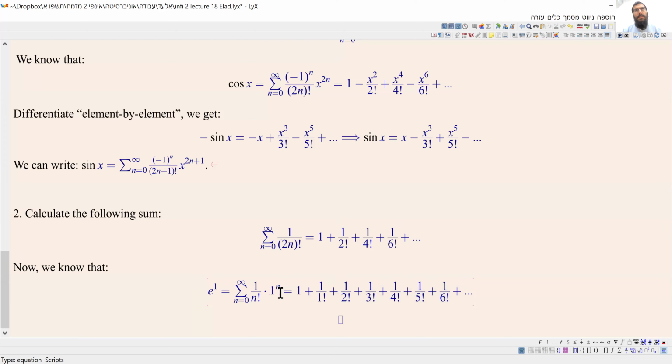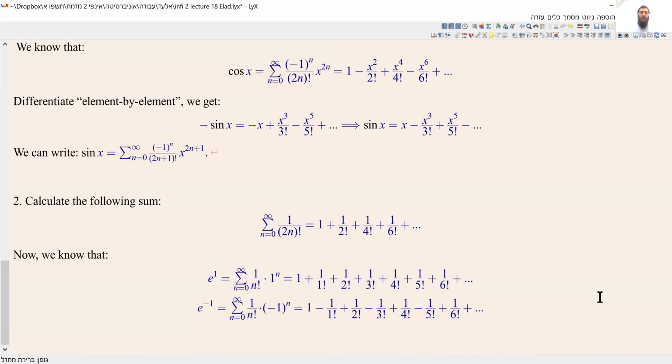Take e to the power of -1. This is the correct answer, as far as I understood what you said. If we look at e to the power of -1, every odd index should be with a negative sign, while the even indexes stay the same.